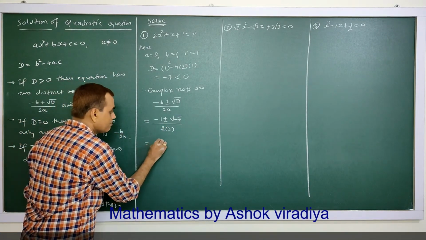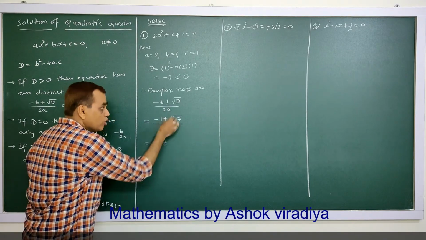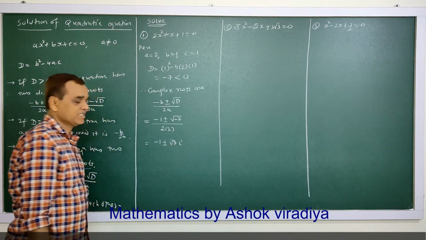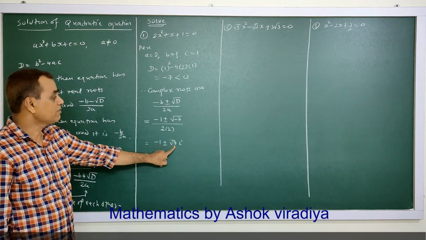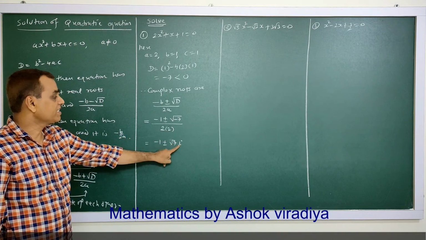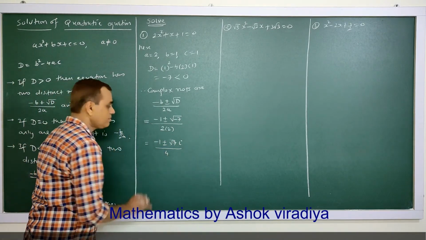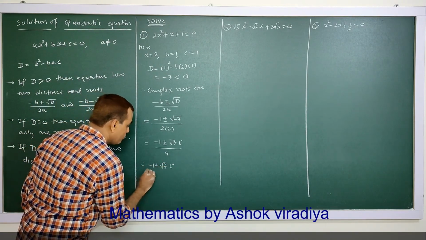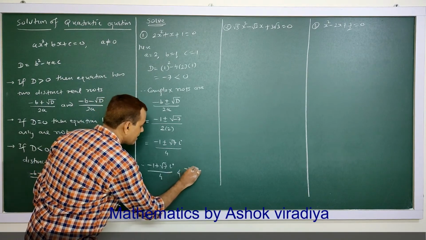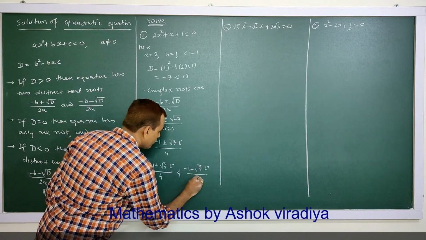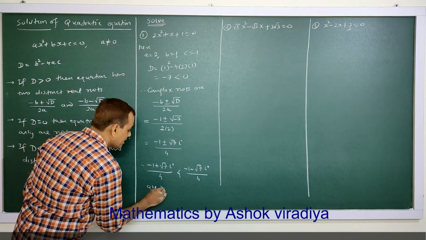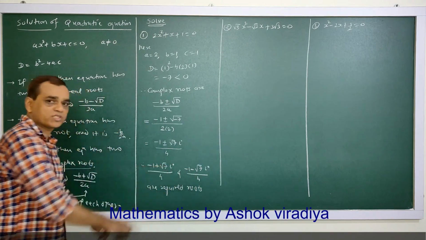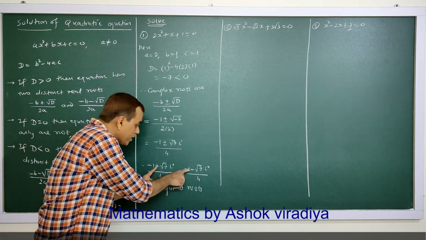So that is -1 plus or minus root of -7, which is √7 i, since square root of -1 is i, upon 4. Therefore, (-1 + √7 i)/4 and (-1 - √7 i)/4 are the required roots. These are complex roots, and you can see that both are conjugates of each other.